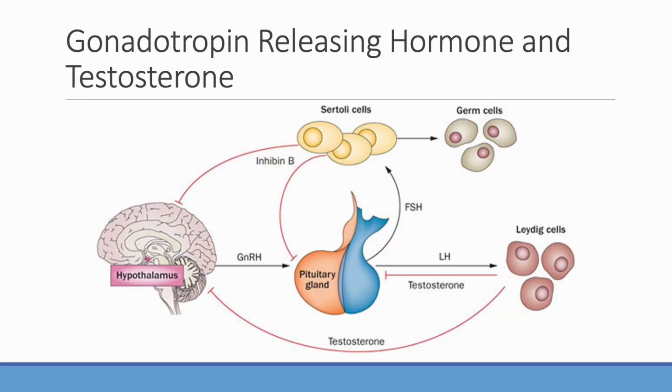So coming back to a similar diagram to what we saw earlier with the hypothalamus and the gonadotropin releasing hormone causing the release of inhibin and then sperm production from the Sertoli cells and then the Leydig cells to produce testosterone with the negative feedback here.